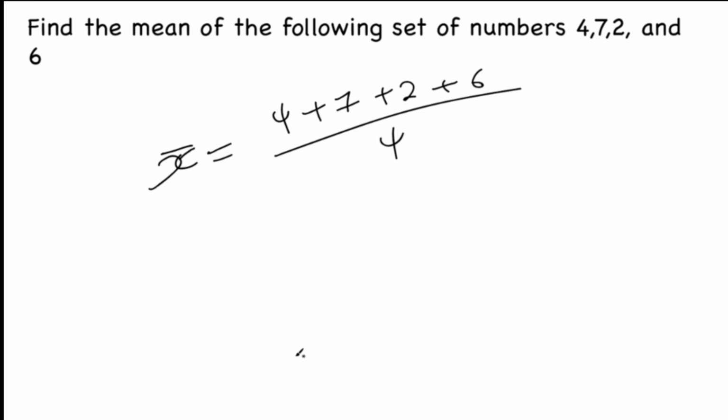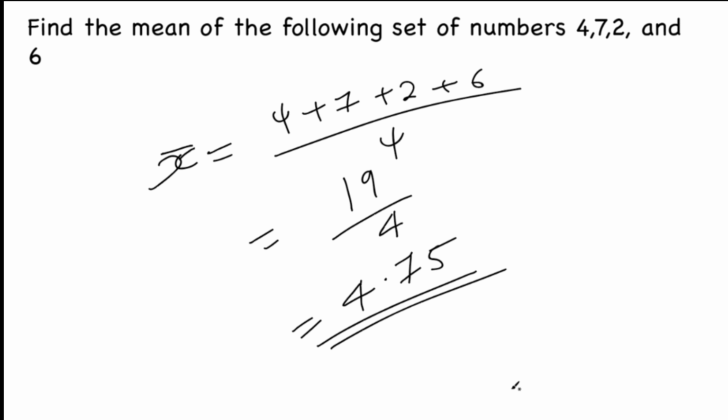So if you want to add this together, 4 plus 7, you agree with me, is 11. 11 plus 2 is 13. 13 plus 6 is 19. So it's 19 over 4. So 19 over 4, you will agree with me, is 4.75. This is the mean of this set of numbers that were presented to us in this question.